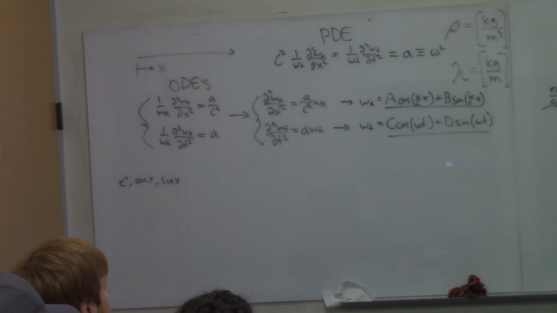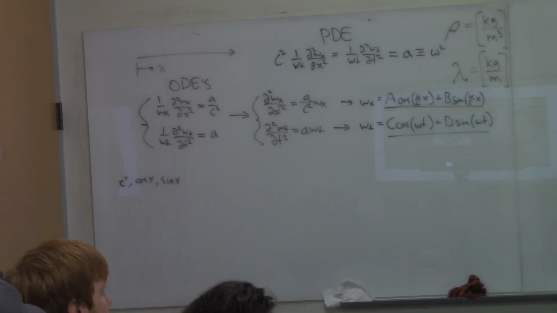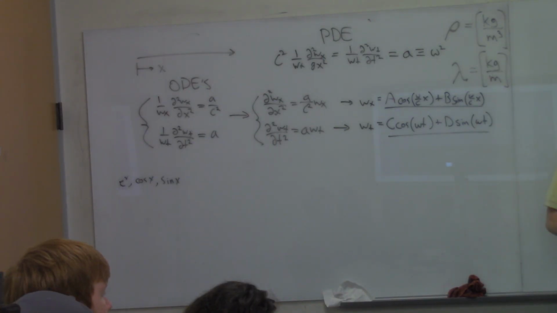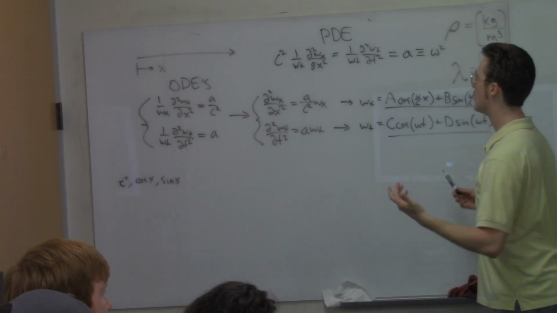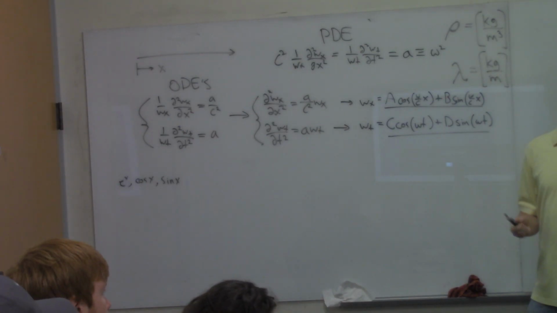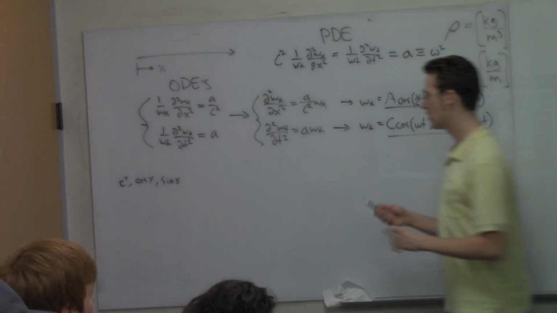These cancel, we're left with just radians. So you just want to make sure that all of your terms inside the sine and cosine evaluate to simply radians.